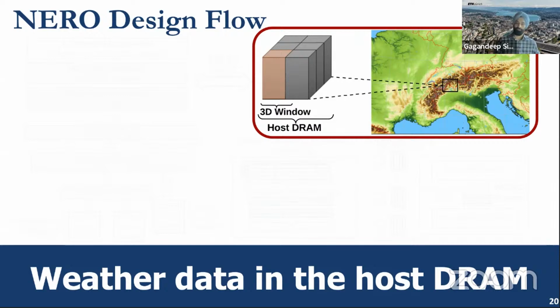So what we propose in this work is a 3D window-based grid transfer from the host DRAM to the FPGA, so that we don't use all the resources on the FPGA, but rather work on a small portion of data. This window represents the portion of the grid a processing element would process on the FPGA side.